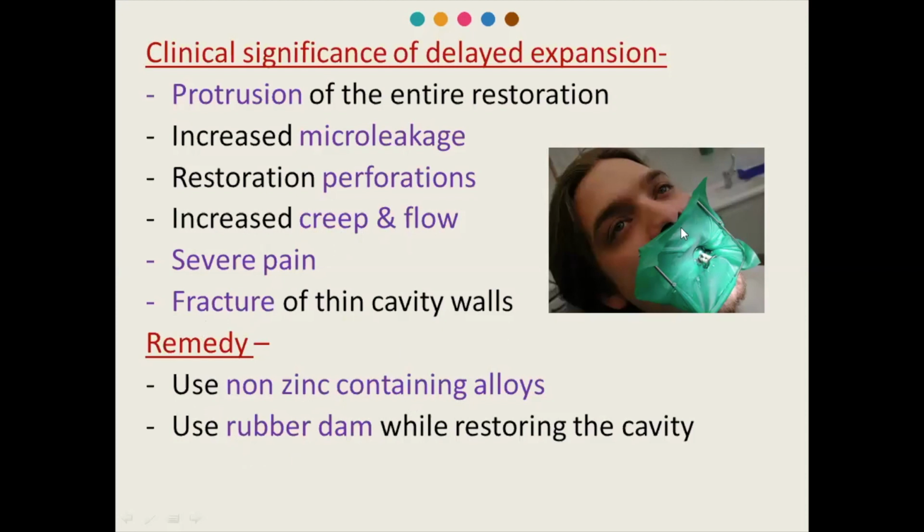This is a sheet of rubber dam which is placed in the oral cavity, where only the tooth which is to be restored is visible, and the rest of the area is covered. So this is the best way to prevent moisture contamination, and it is also safe for the patient and the operator from saliva contamination and other infectious diseases that get spread by the saliva.